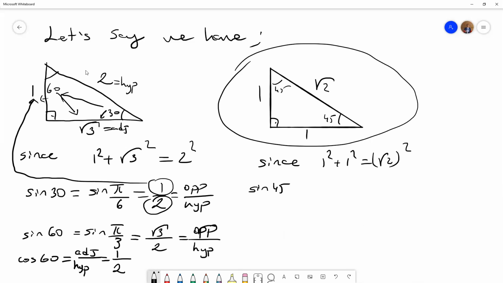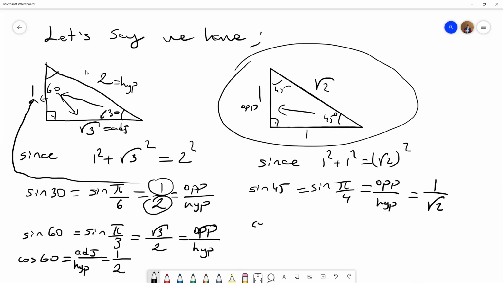Sine 45 degrees, which as radian is pi over 4, means opposite over hypotenuse. So the opposite of this 45 degrees is 1, and the hypotenuse is square root 2.